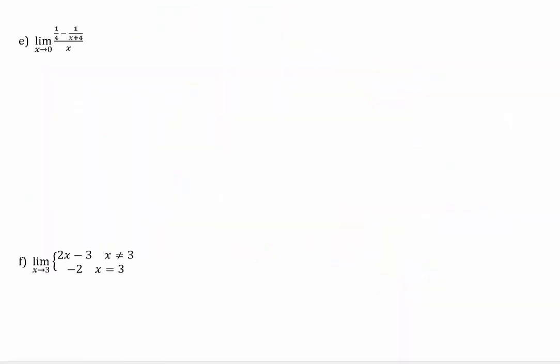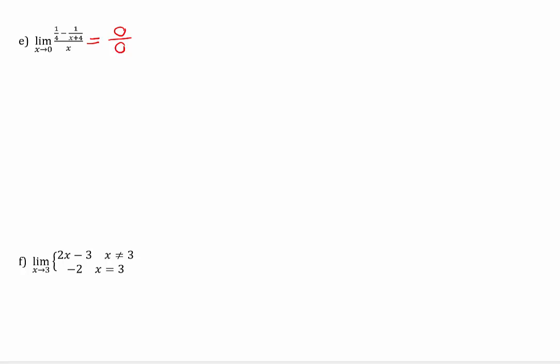Okay, example E. As always, I start by plugging my x value of 0 in. And I won't write out the work this time, but guess what? Another indeterminate form. That's the case that happens most frequently.